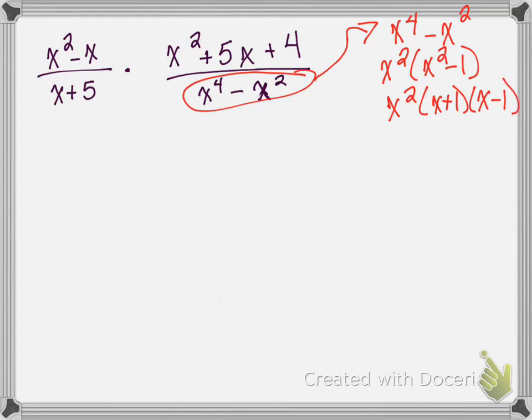Okay, the denominator there, x to the 4th minus x squared, might be more difficult. So I've done that off to the side.